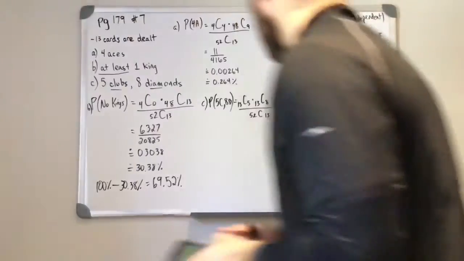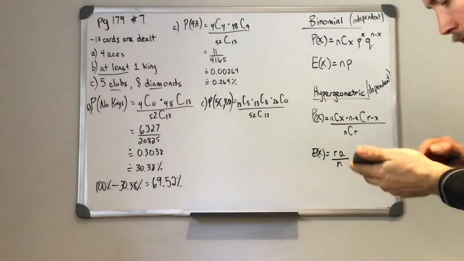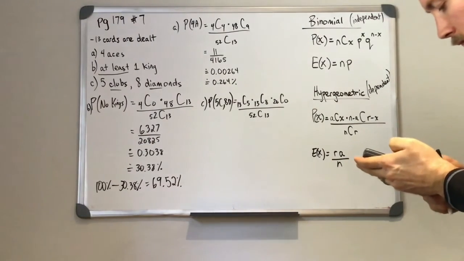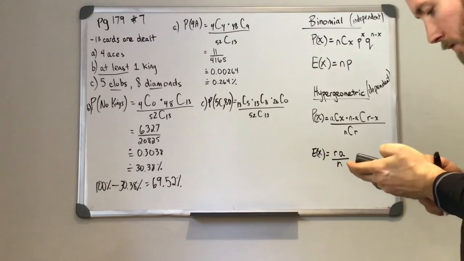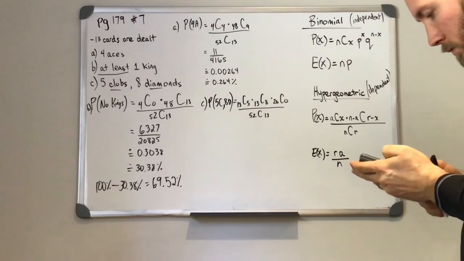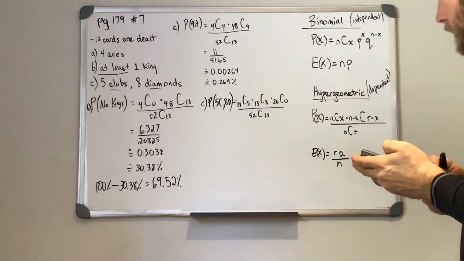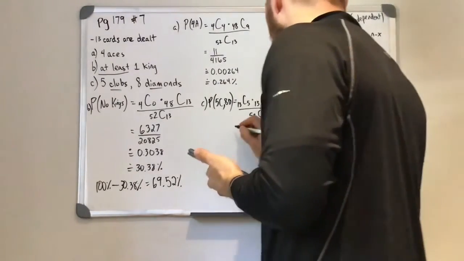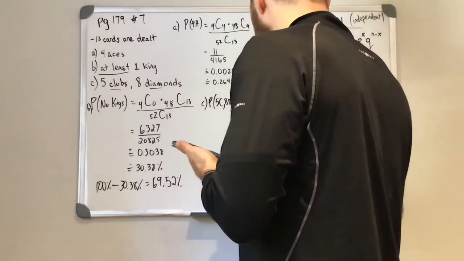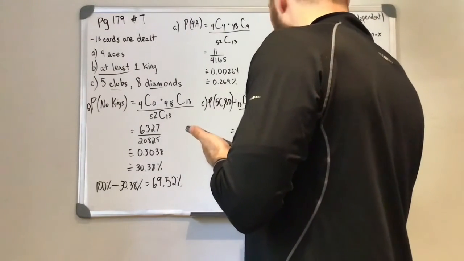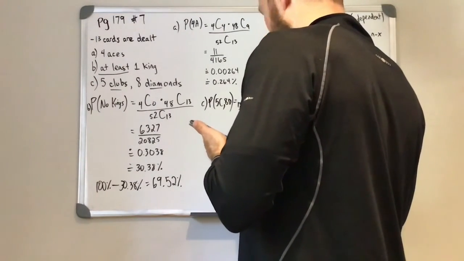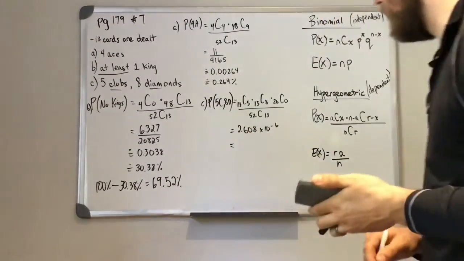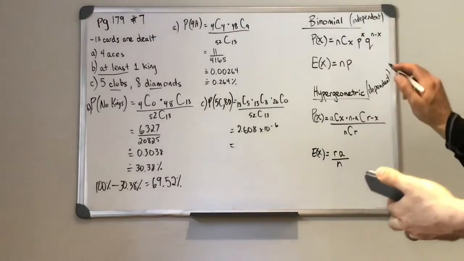I'm going to grab my calculator here. 13C5 times 13C8 divided by 52C13. We get 2.608 times 10 to the negative 6, so a very, very small chance of this occurring.